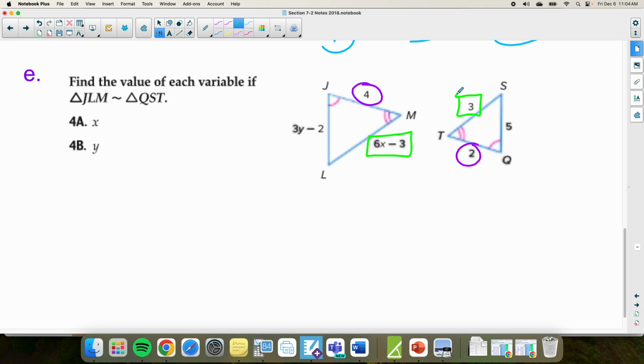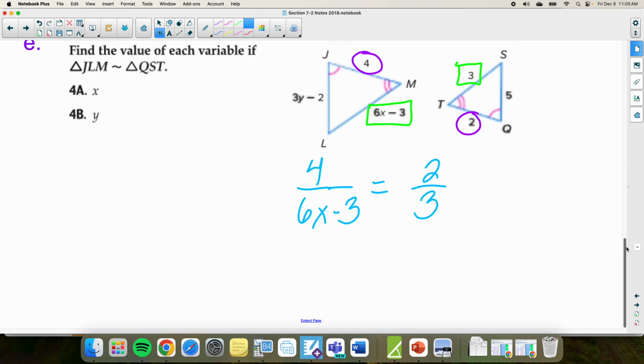Now I can go ahead and solve that. Maybe this time we'll stay in the same triangle, and we'll go purple over green in this triangle. And then you would have to go purple over green in the other triangle.